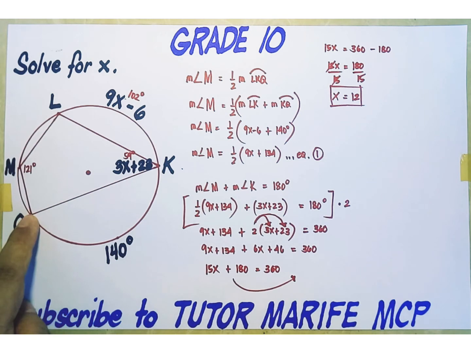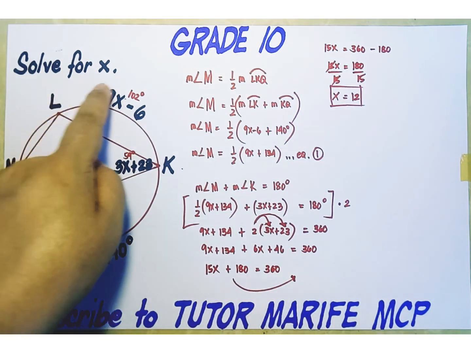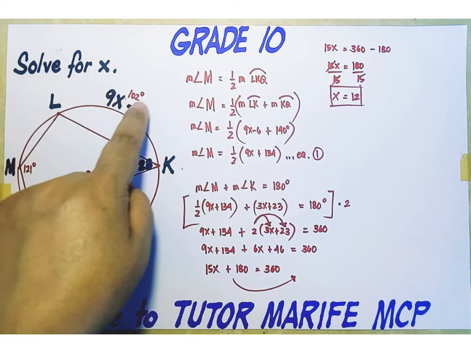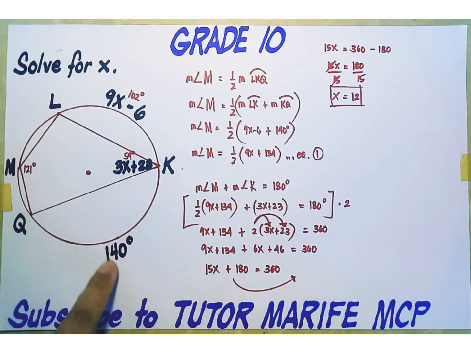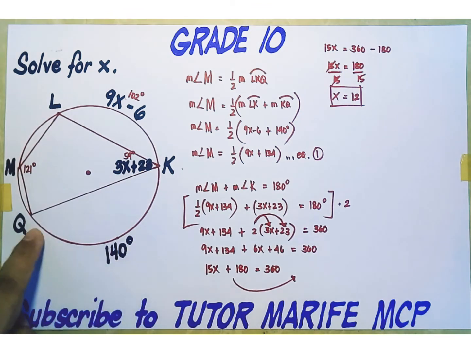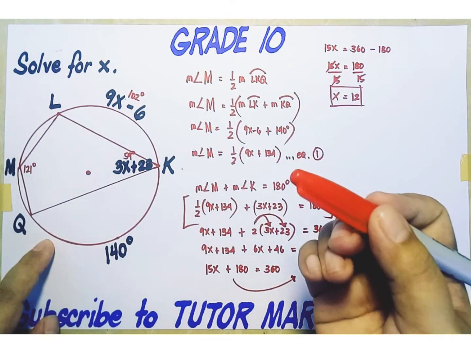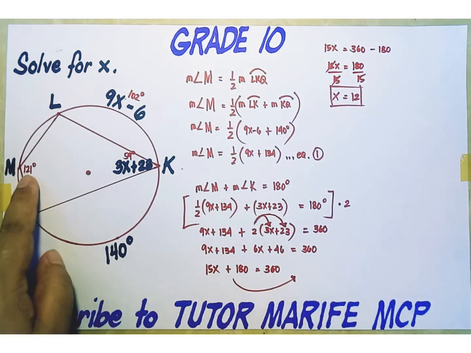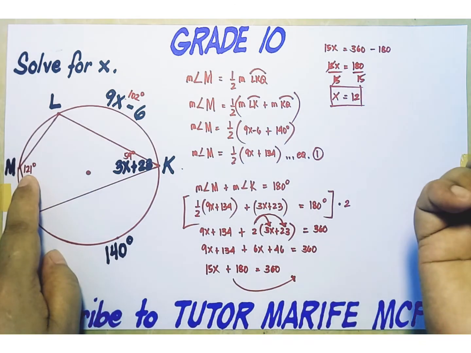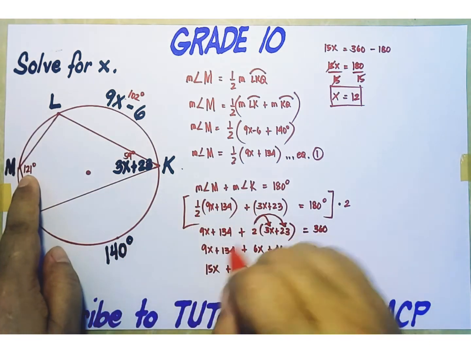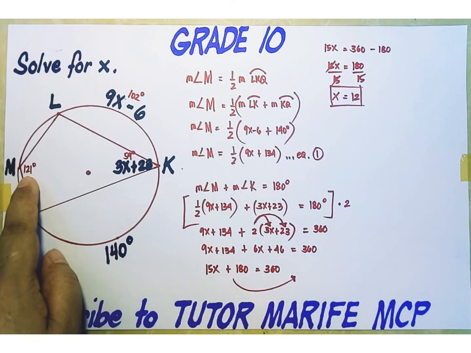And we can now solve for the value of arc LKQ by adding up 102 degrees and 140 degrees. Their sum is 102 plus 140, that is equal to 242 degrees. What is 1/2 of 242 degrees? 121 degrees. And 1/2 of measure of arc LKQ is the measure of the inscribed angle M.